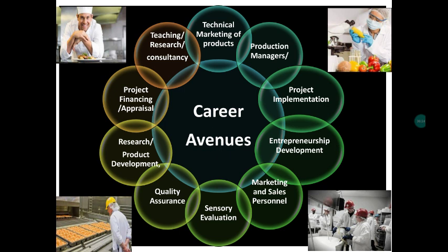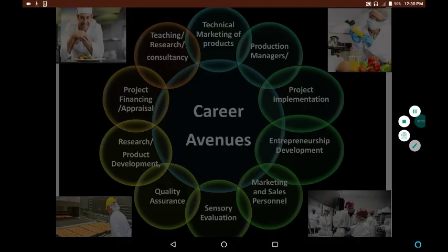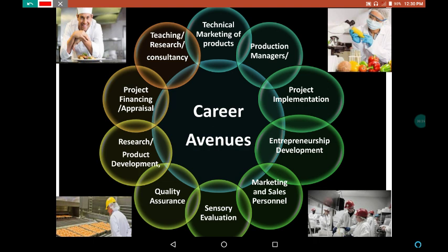After you get a proper degree in food processing and technology or any diploma course in food processing and technology, you can become a technical marketer of the products, production manager in the food processing and technology department, project implementation, entrepreneurship development, marketing and sales personnel. You become a marketing or sales personnel of that industry, sensory evaluator, quality assurance of food products.